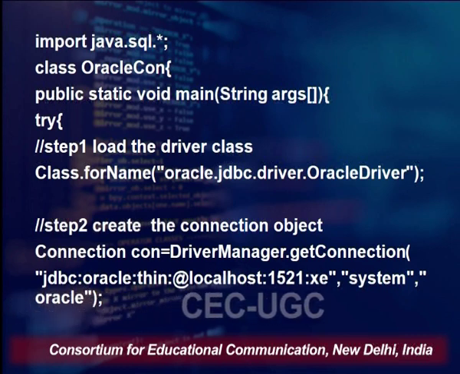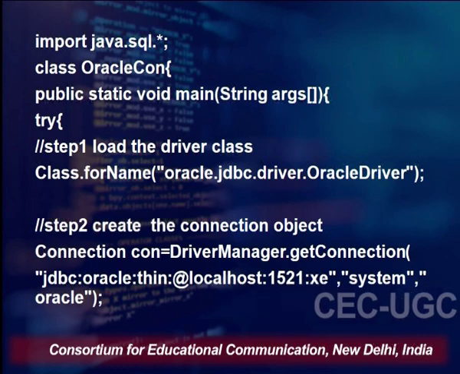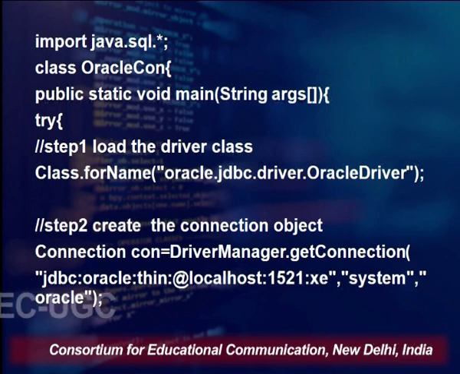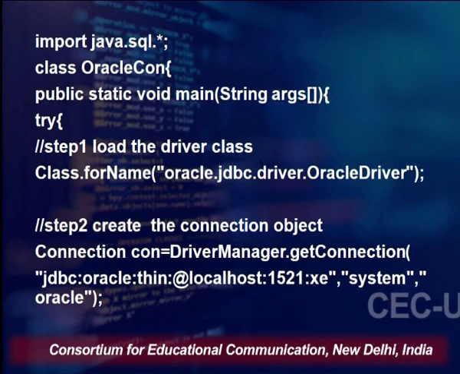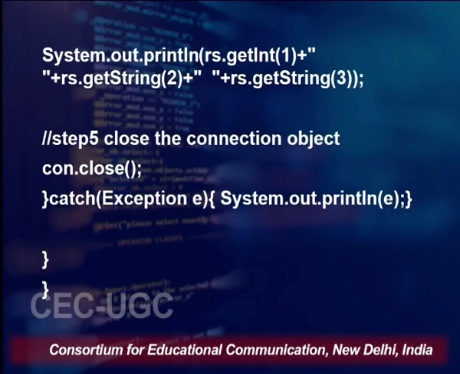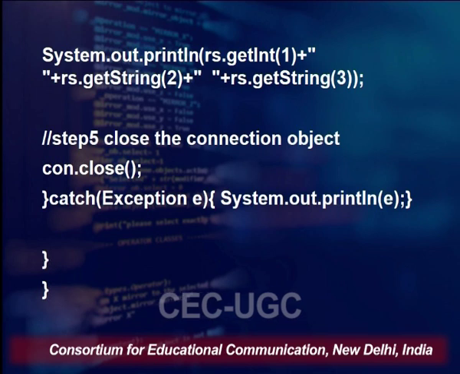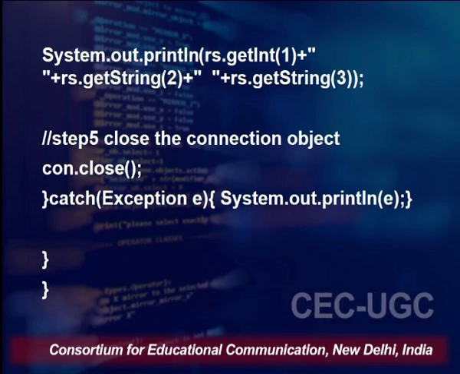We have created a statement, stmt equals conn.createStatement, and we have executed a query, stmt.executeQuery, select star from EMP. Similarly, while rs.next, you print all the information fetched from rs, and finally there is conn.close.